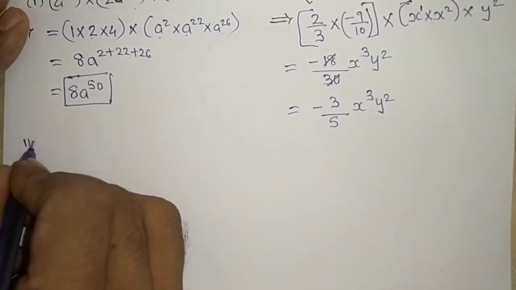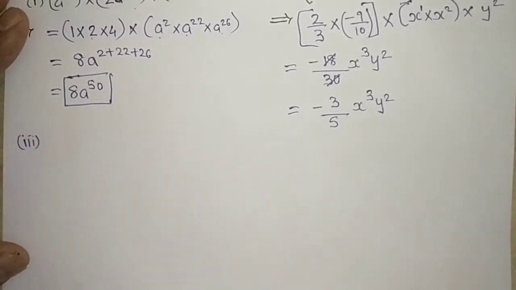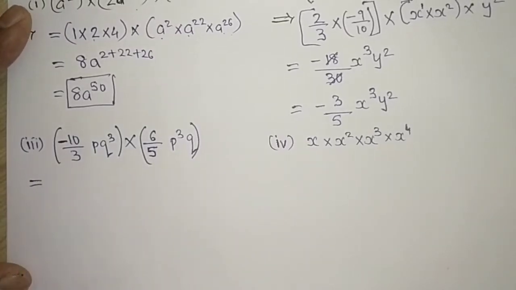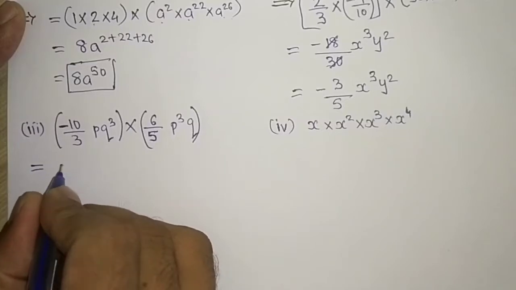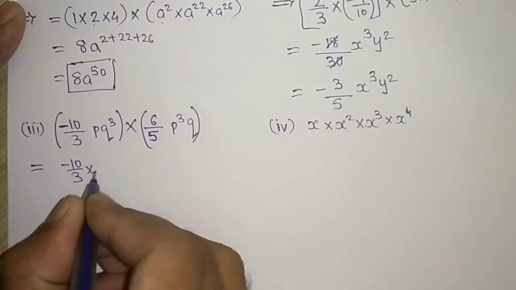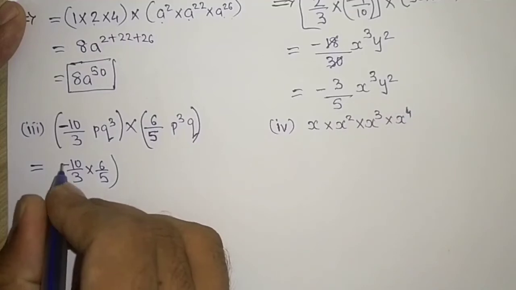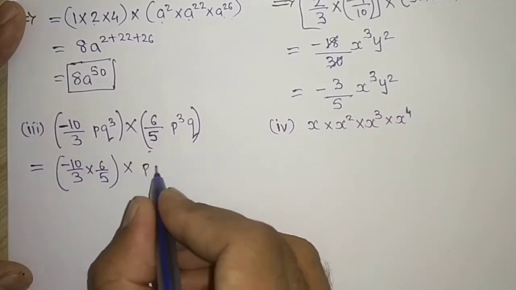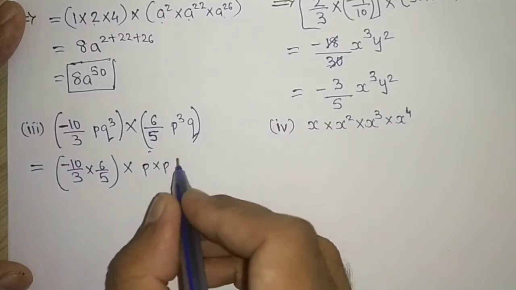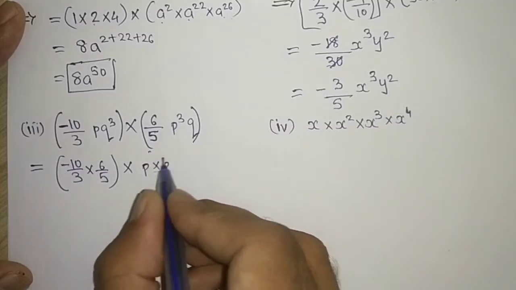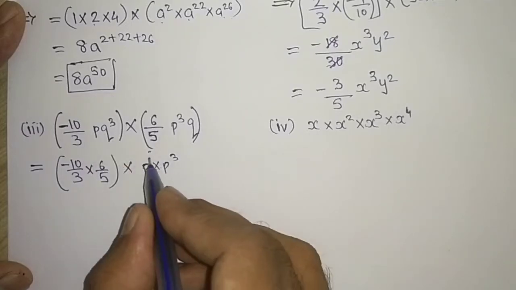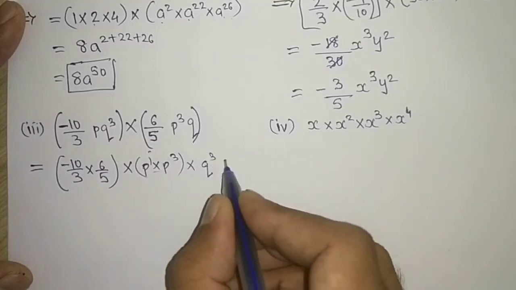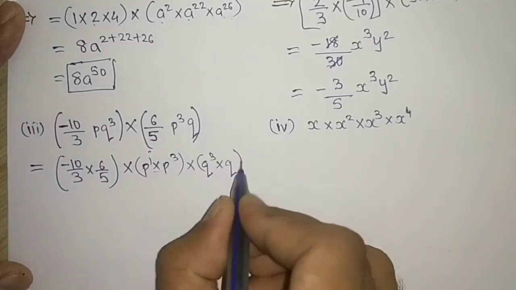Moving to the third part, let me first write it down, both the parts. Again the third part is monomial into monomial, so we will take the numerical parts and multiply them in one bracket, and the variable parts, but we will place variables having same base, that is p raised to power 3 and p raised to power 1 in one bracket, and then q cubed into q.